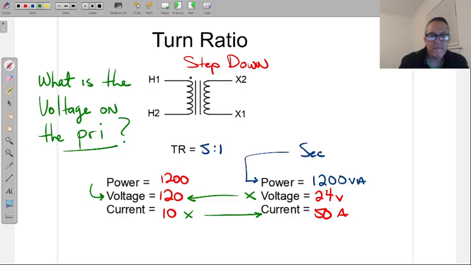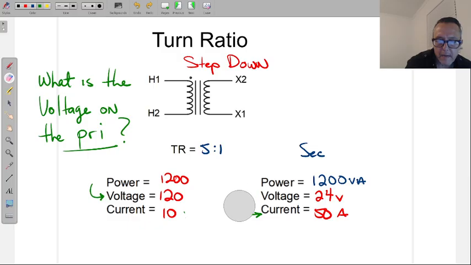So we'll get to 3-phase tomorrow, but 3-phase transformers are 3 single-phase transformers connected in either series or parallel for one or the other. Cool. All right. So I think that's good. I don't think I have anything else that I wanted to.